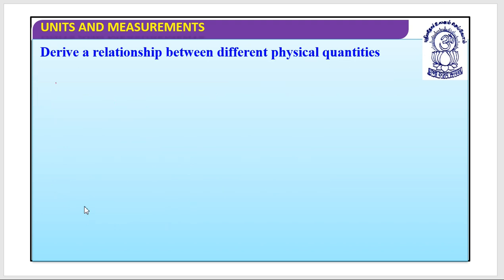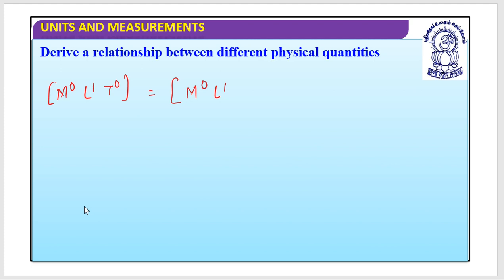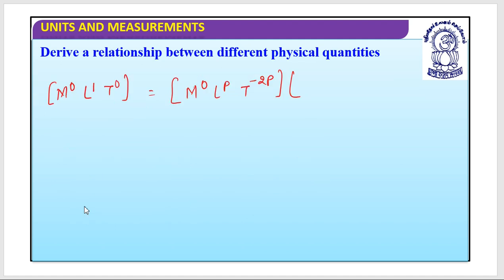So this is x, it's M0 L1 T0. Acceleration would be M0 L^p T minus 2p. Time is M0 L0 T^q. So this is M0 L0 T^q.